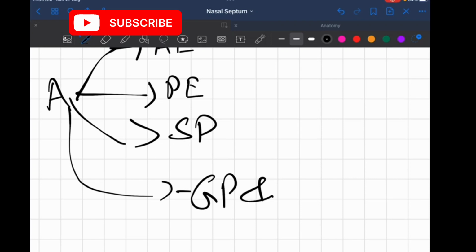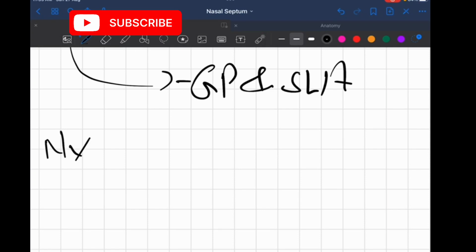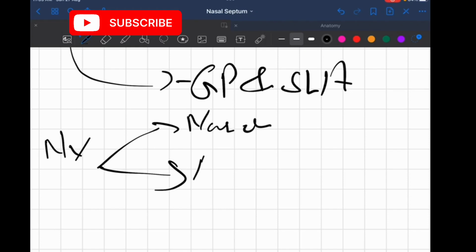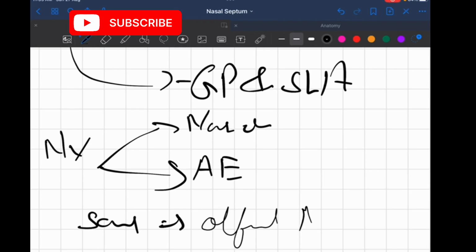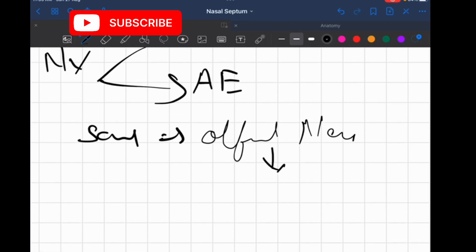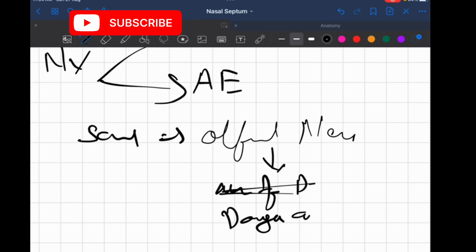The nerve supply is mainly by the nasopalatine and anterior ethmoidal nerve, and for the sense of smell, the olfactory nerve, which is also a danger area of the nose.